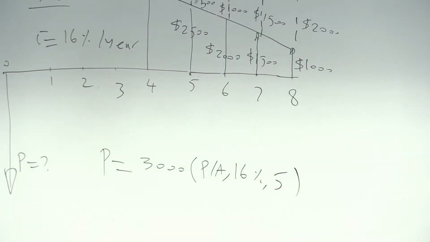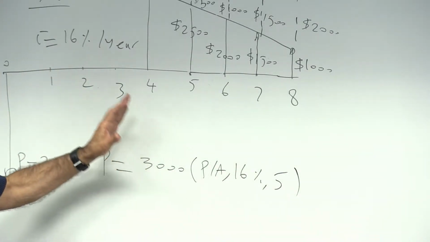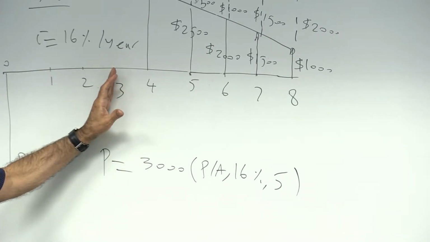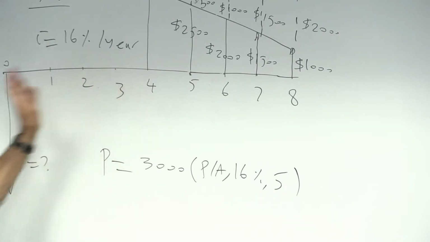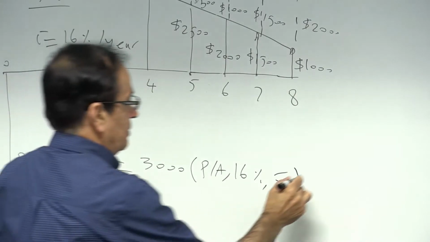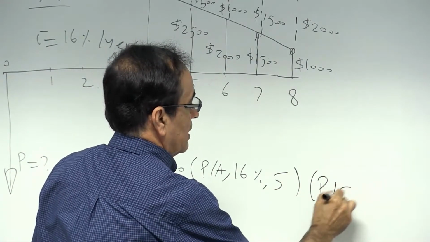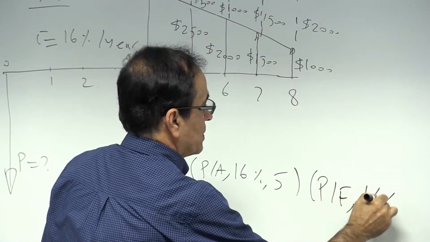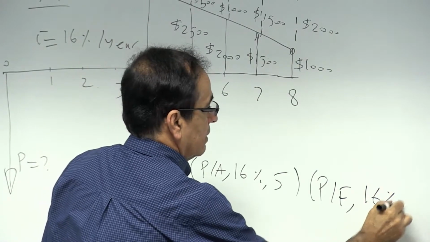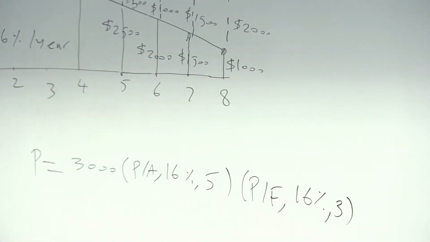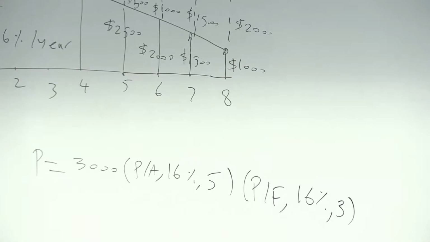Now remember, that's going to be the present worth at time 3. You want to know how much it's worth at time 0, so you're going to multiply by the P given F factor: P given F, 16% and 3 periods. Once you do this, that's going to be the present worth of the 3,000.